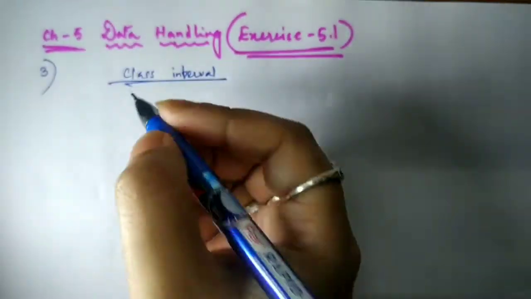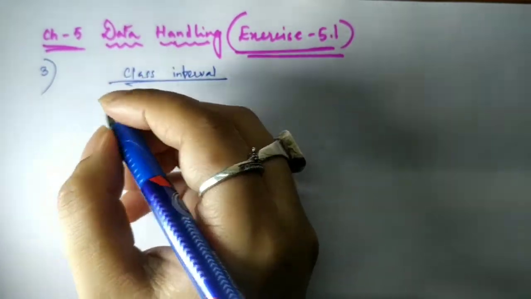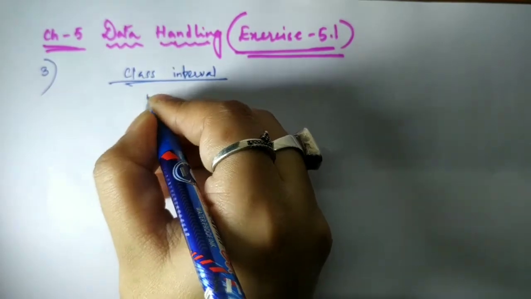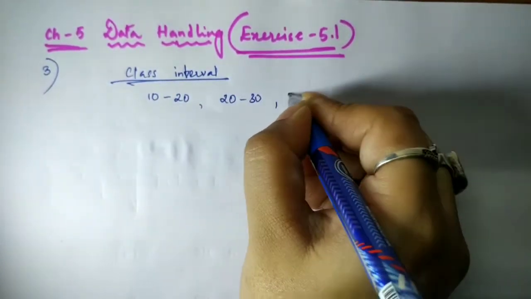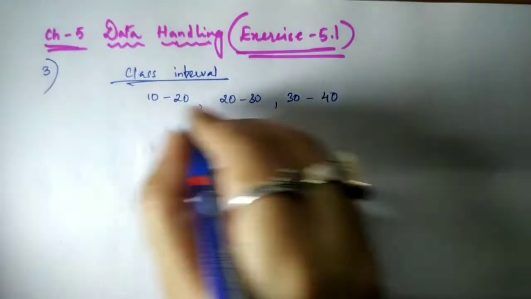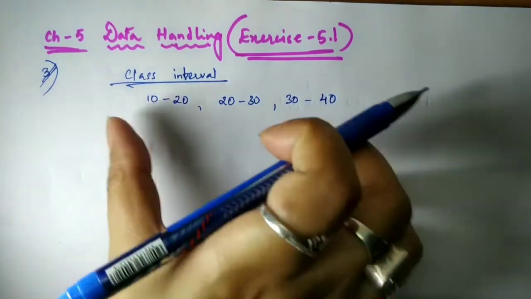Suppose I consider the age of people and we form the intervals from 10 to 20, and again 20 to 30, 30 to 40. So we can categorize people in this way. These are called class intervals, meaning the range of data.